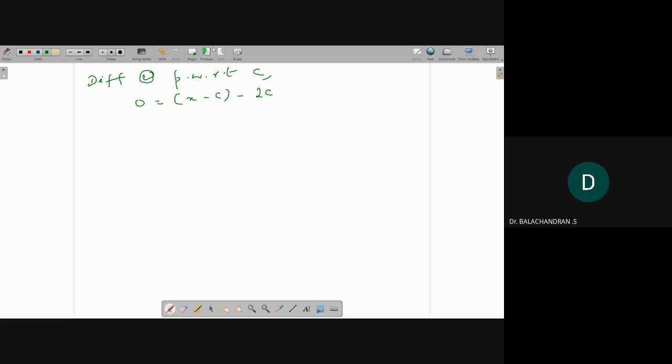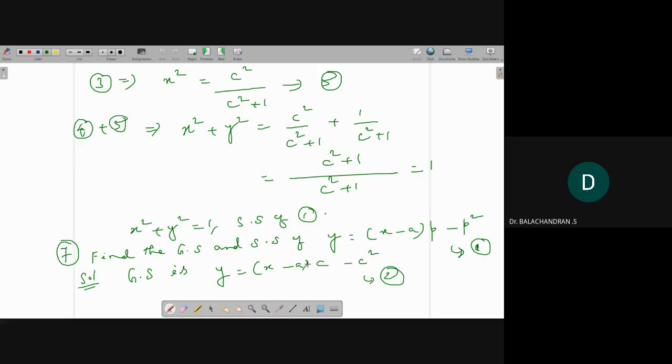So from this, c is equal to x minus a divided by 2. I call this equation 3. Substitute c equal to x minus a by 2 in 2.